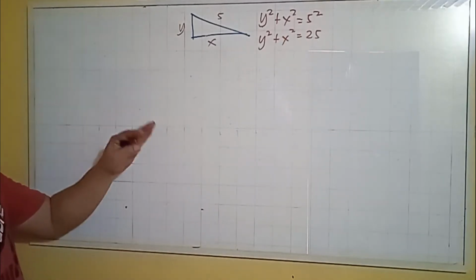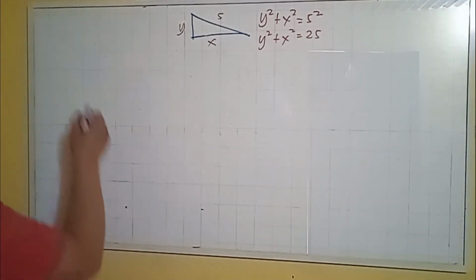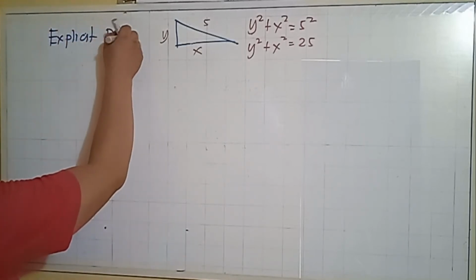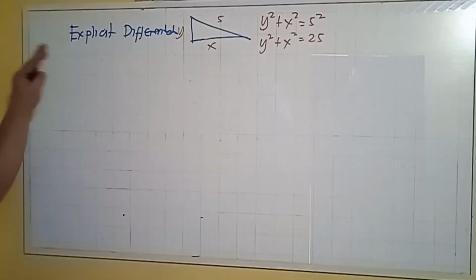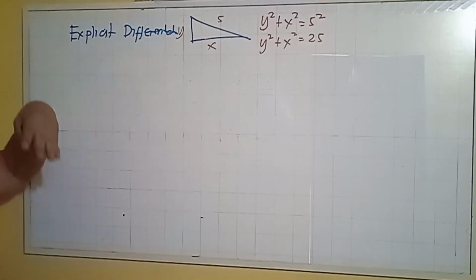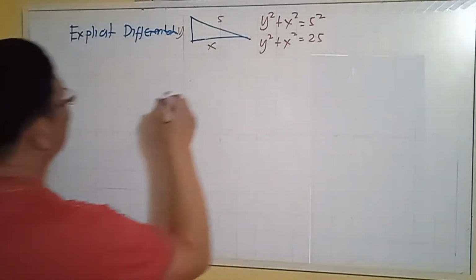Pag dinifferentiate natin, hinarap natin yung derivative using chain rule. Gagamit tayo ngayon ng explicit differentiation. Yung dati natin ginagawang paghahanap ng derivative. So, gagamitin natin to.